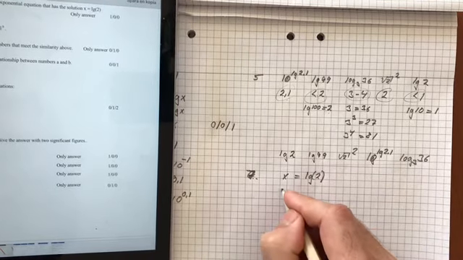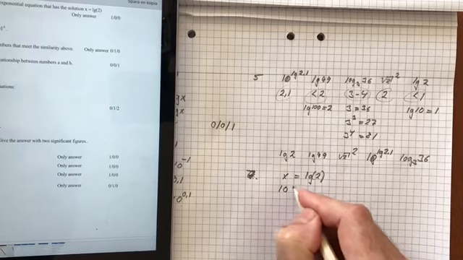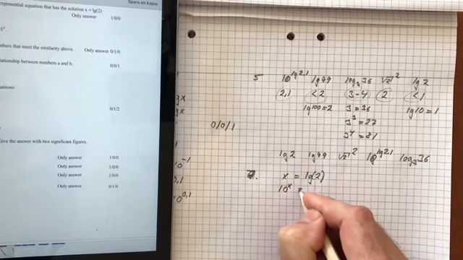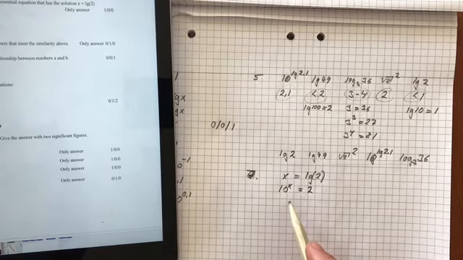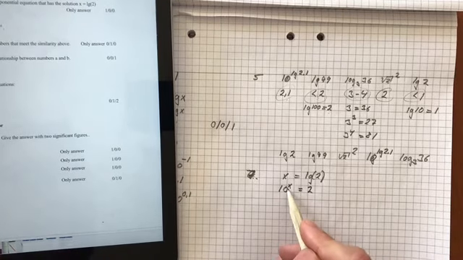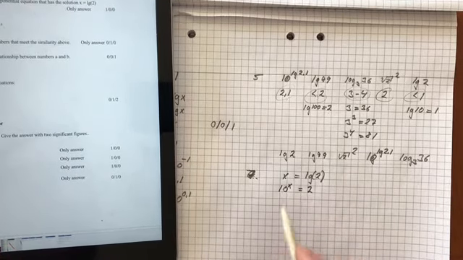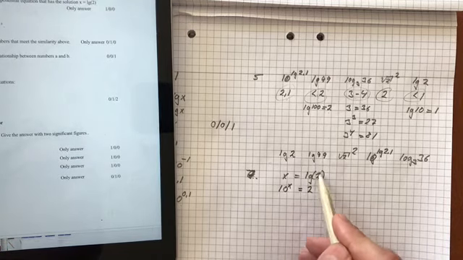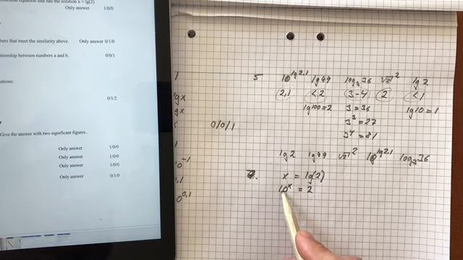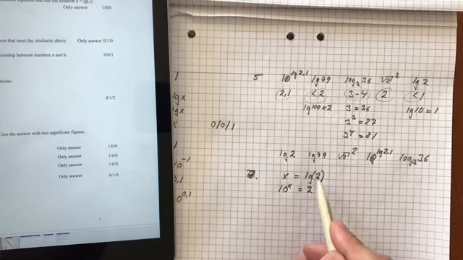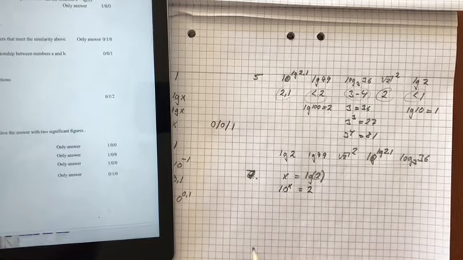Well, the easiest equation is this: 10 to the power of x is equal to 2. When you solve it, then x is equal to log 2. Log 2 means the exponent you put on 10 to get the number 2.